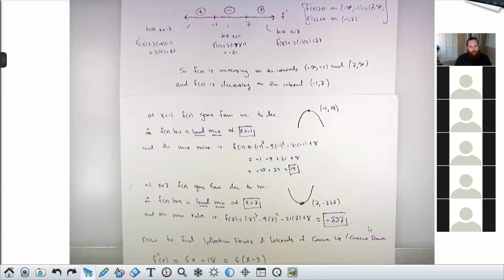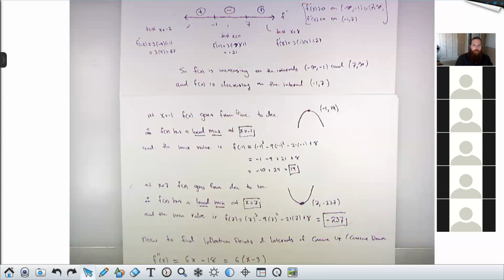Let's say there was another decreasing. Would you put another local min? If over here, to the right of 7, suppose at x equals 10, f prime went from positive to negative.